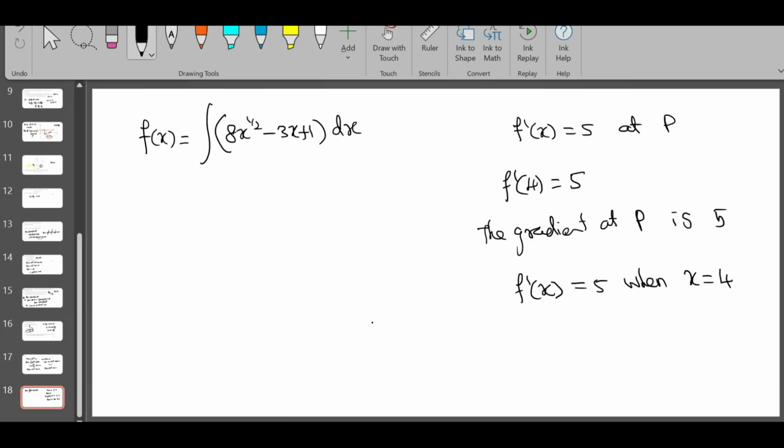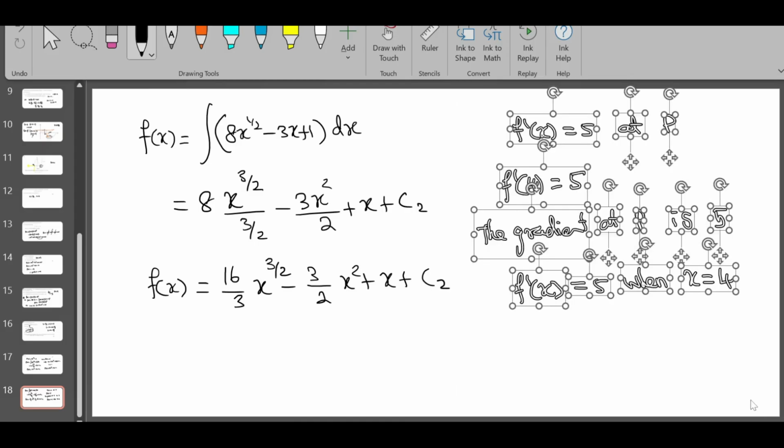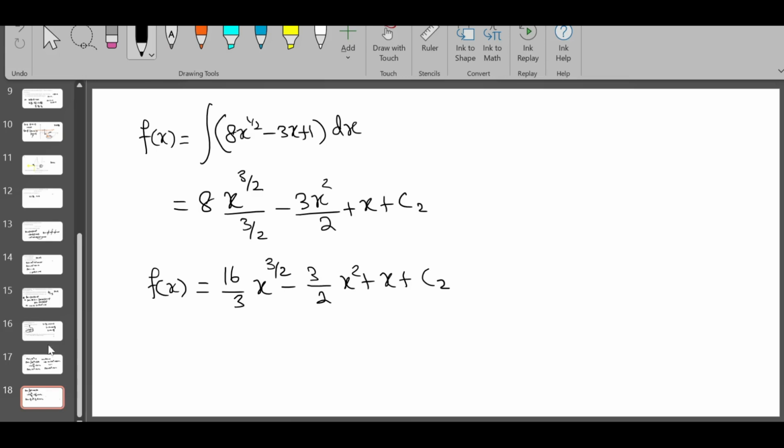Okay, anyway, I'm going to integrate this: 8x power 3 over 2 over 3 over 2, minus 3x square over 2, plus x plus c2. So f of x is 16 over 3 x power 3 over 2, minus 3 over 2 x square plus x plus c2. Now we need to use the condition.